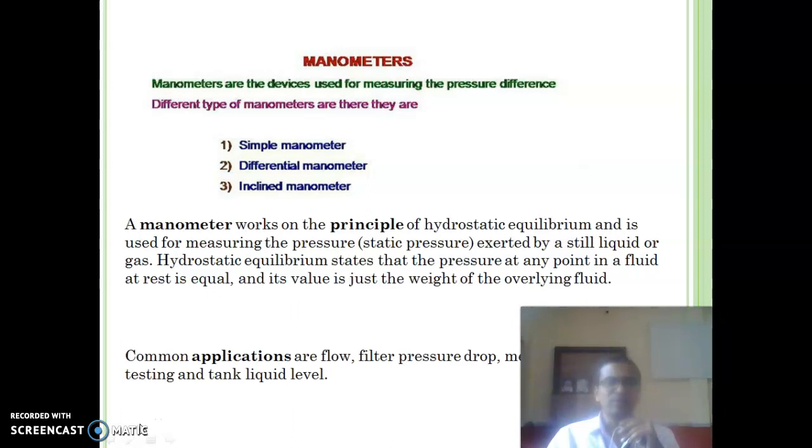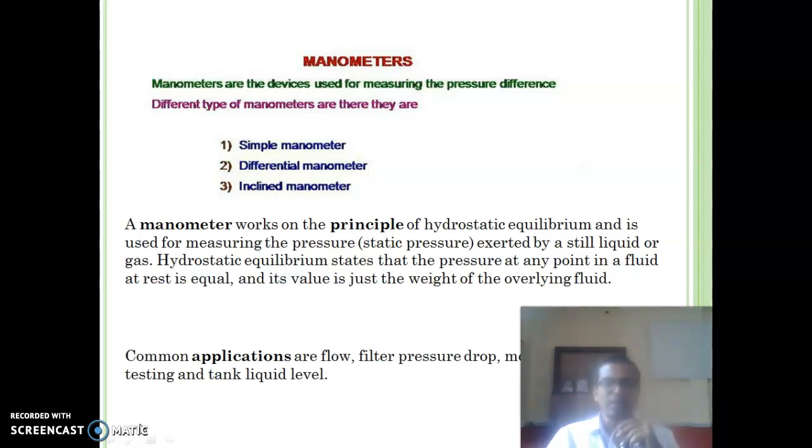So here we use these manometers mostly for static pressure, and hydrostatic equilibrium states that the pressure at any point in a fluid at rest is equal and its value is just the weight of the overlying fluid. This is a very important statement.